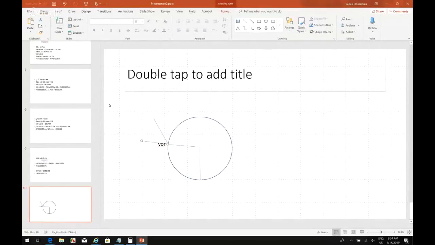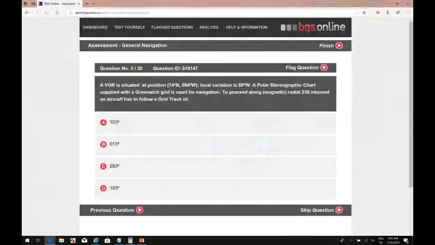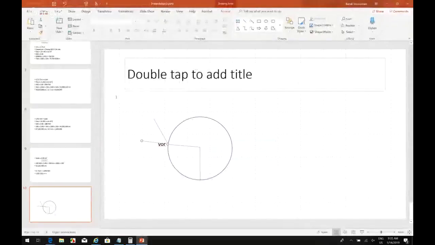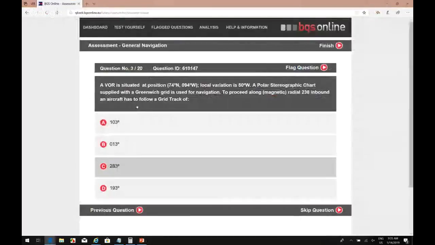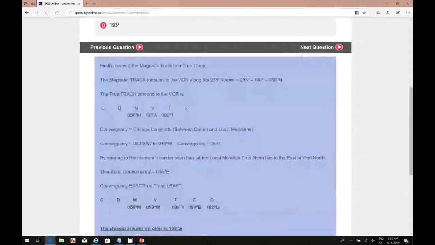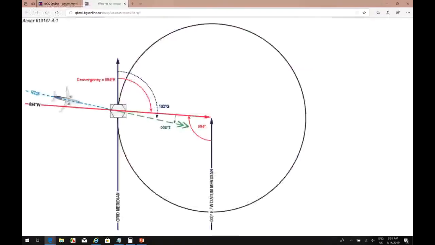And the grid track is going to be, which way is the grid track oriented? Greenwich. Okay, so that's going to be just over 90. So a grid track of, this is all wrong. So just over 90 is 103. That's right. Okay. Let's look at the picture.